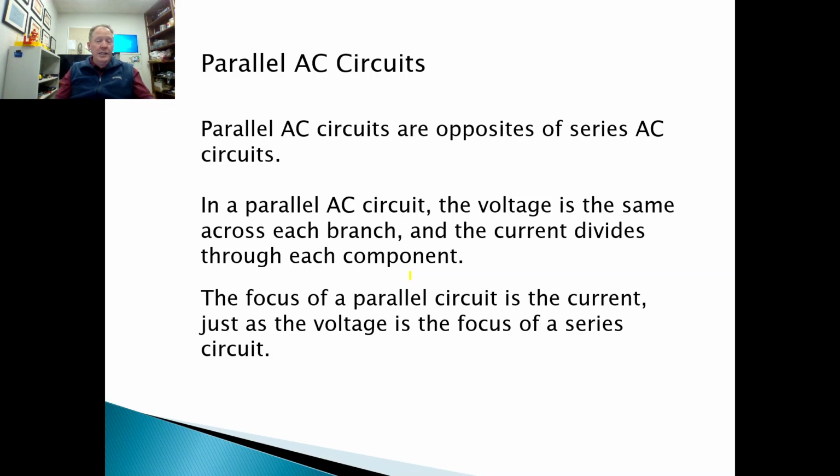All right, now parallel. Parallel is the same concept, except we know that instead of the current being the same everywhere, the voltage across each branch is the same. So now all we have to do is find the current, just like the voltage is the focus of a series circuit.